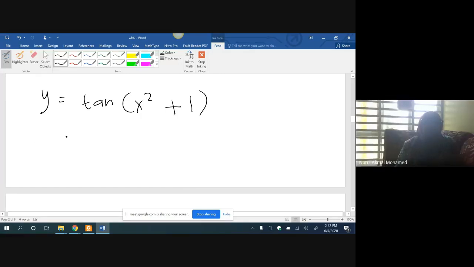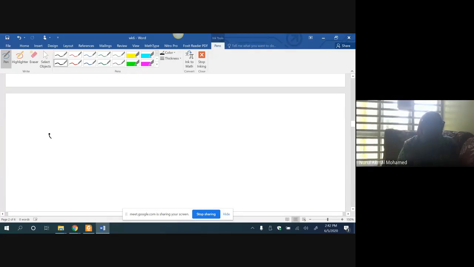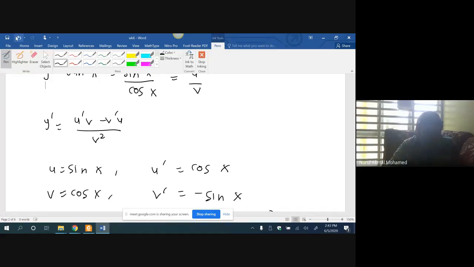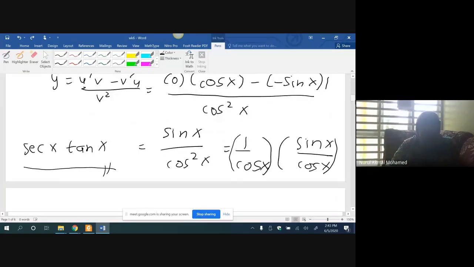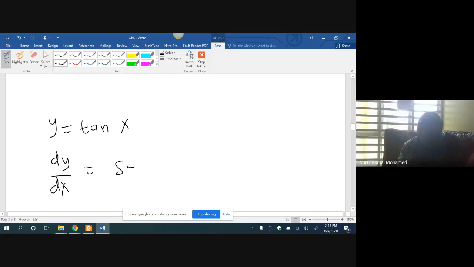So if you have y equal to tangent of x, your dy/dx will be equal to secant squared x.